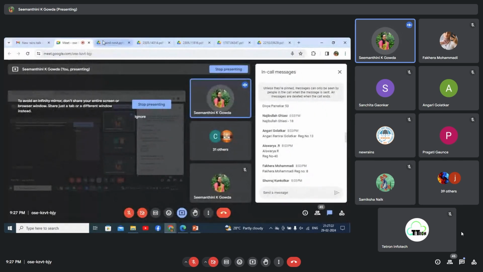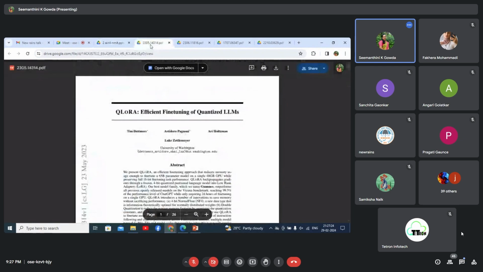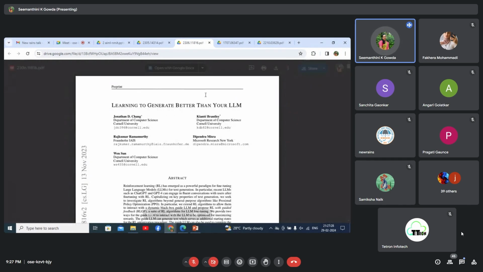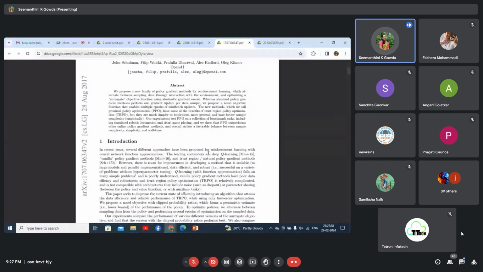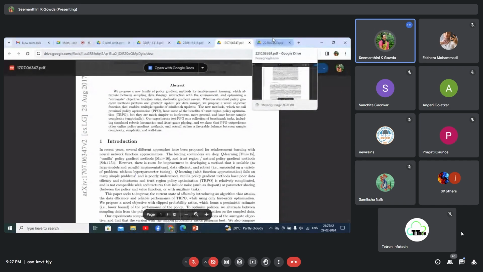some more papers for QLoRA quantization, and we have some papers on generating better data and proximal policy optimization. That's what I was talking about with respect to the three different types of losses: quality loss, value loss, entropy loss and all.